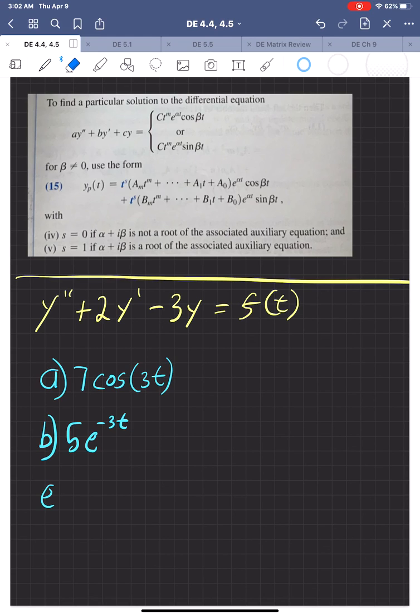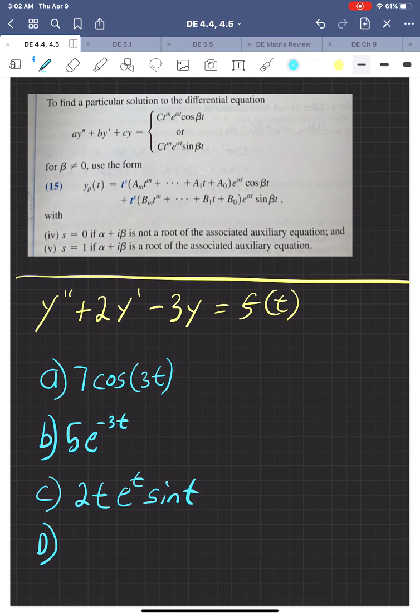I don't know why I used e. Well, I do know why I used e, but let's try 2t e to the t sine of t. Can you set that up? I'm not asking you to go through and find a, b, and c, all that stuff. I'm saying, can you actually choose the right setup to solve it?